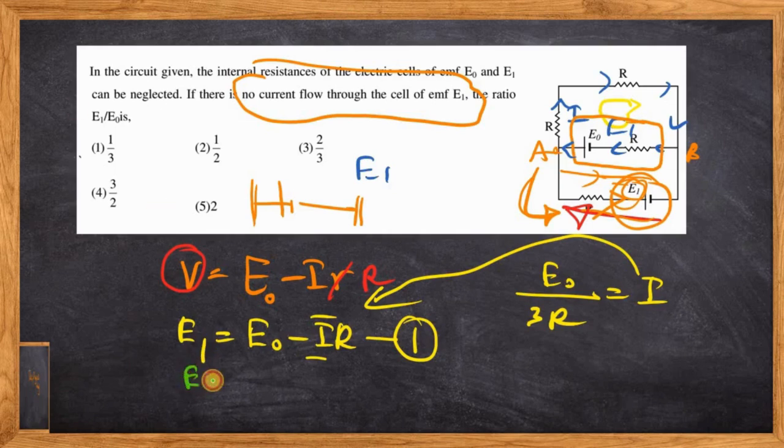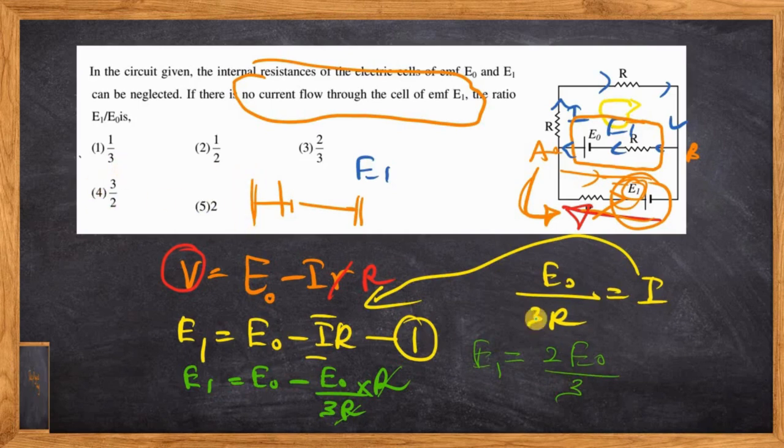E1 equals E0 minus I times R, that is E0 over 3R multiplied by R. So R and R cancel off, so E0 minus E0 over 3. Then E1 will be equal to 2E0 over 3.